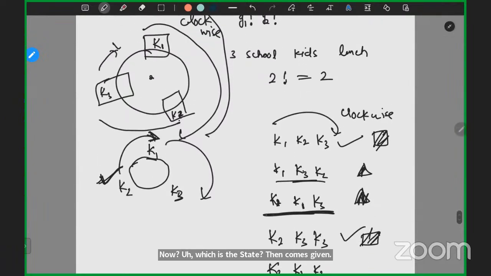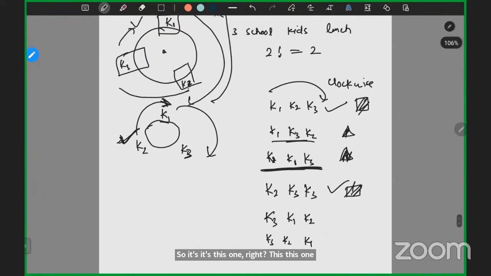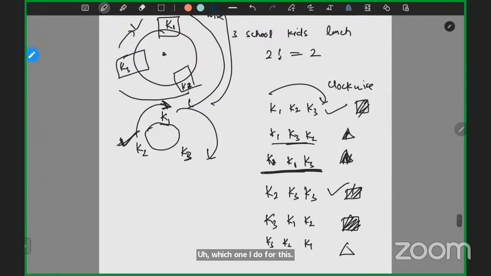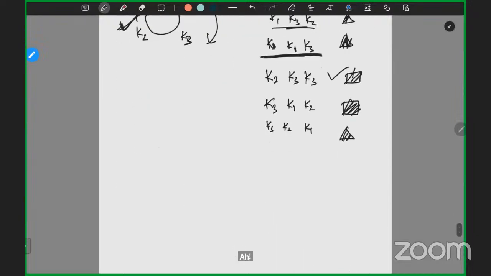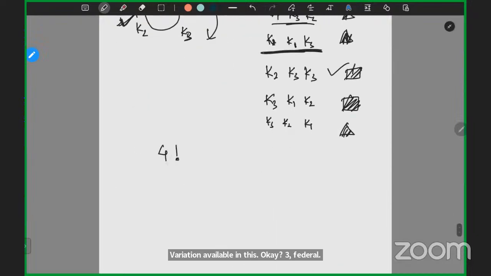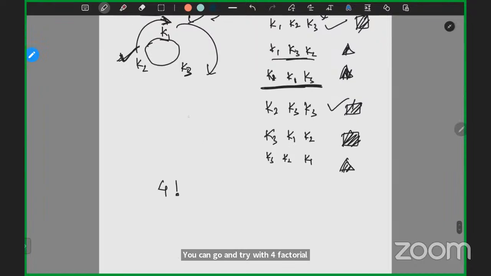Let me mark it with the square, and this one would be the triangle. So you can see there are two different variations available in 3 factorial. You can go and try with 4 factorial, draw this, go clockwise and see how it is.